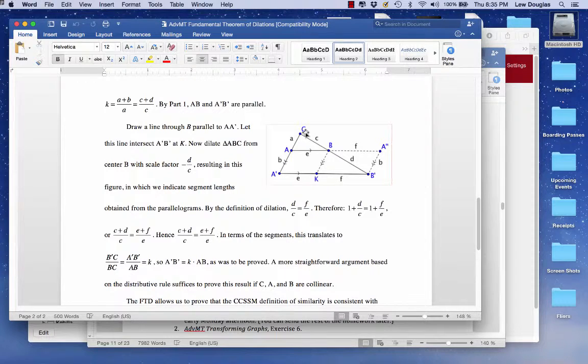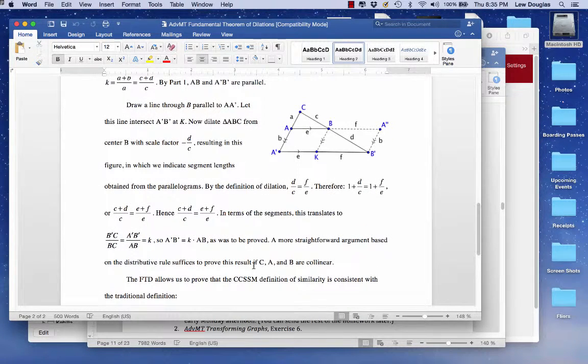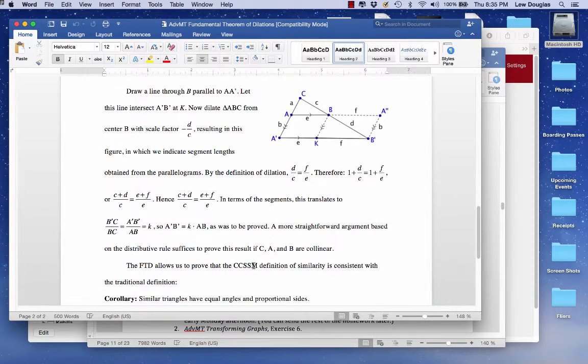B prime C over BC is the original scale factor K that we used from point C. So therefore, A prime B prime over AB has to also equal K, which means that A prime B prime is K AB, as was to be proved. Okay? And then it says if they're collinear, the case is easier, just based on the distributive rule. So this is the hard case.